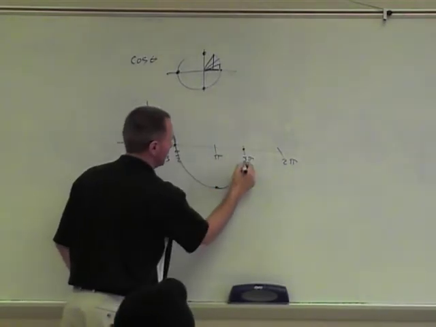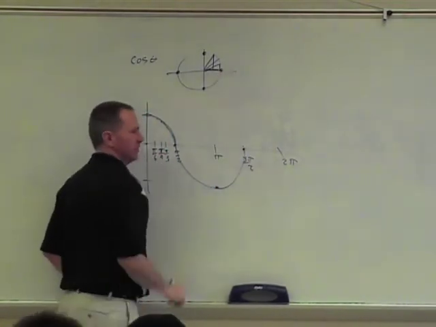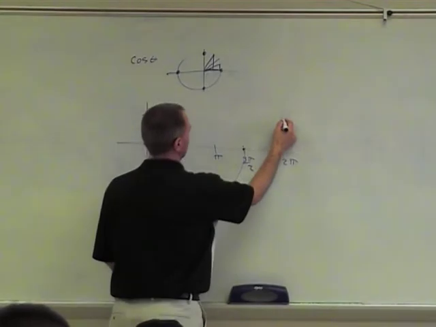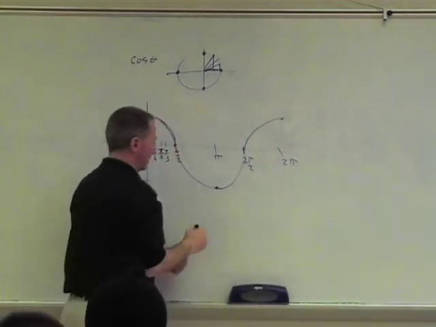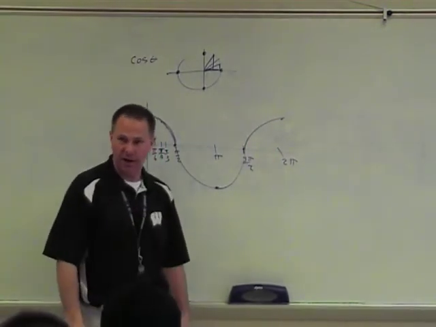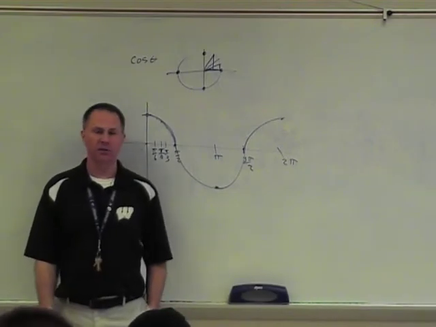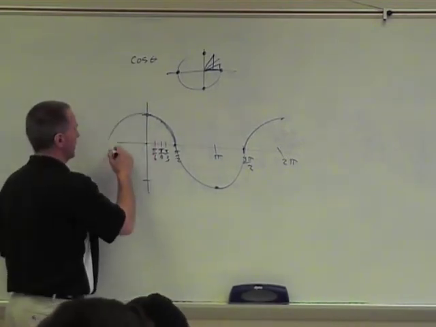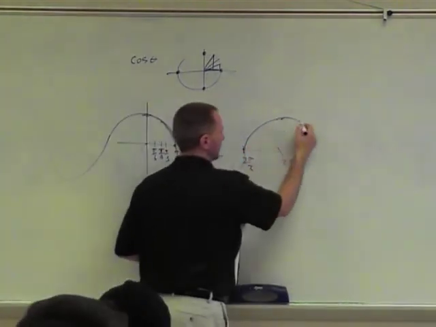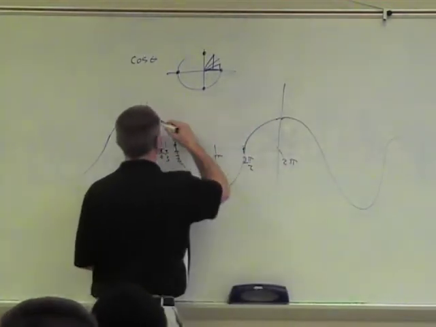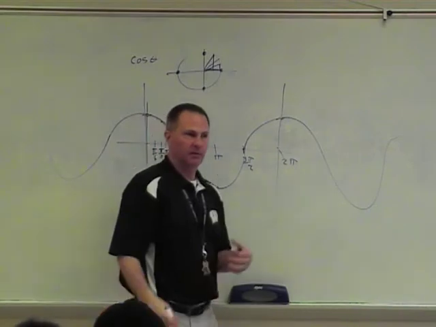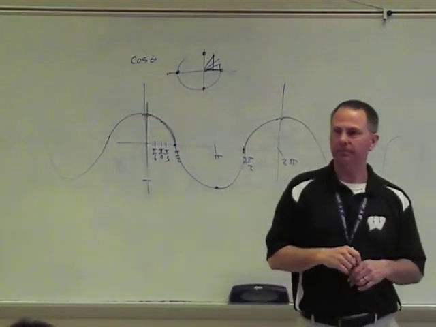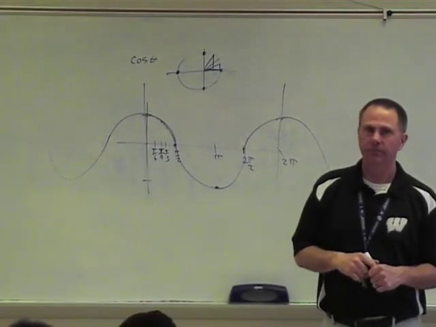So it comes back up. And at 2 pi, x is back to 1. So the cosine looks like a U-shaped graph. All it is, is the sine function shifted over a little bit. And it goes forever in both directions. Okay? It's just 0 to 2 pi is the period of the cosine.